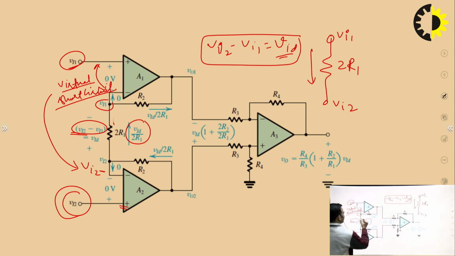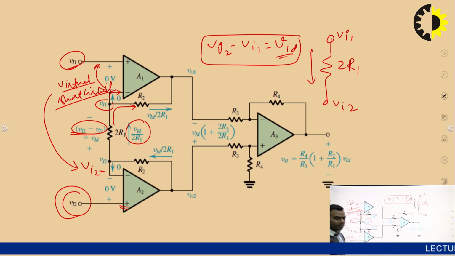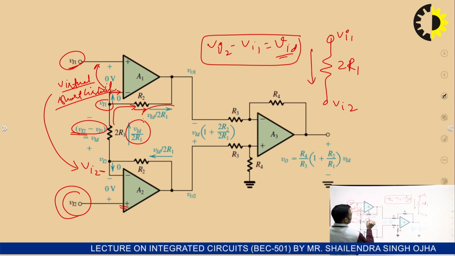Similarly, same current will flow here because no current will flow inside the operational amplifier due to high input impedance. So, current that is passing through R2 is also Vid upon 2R1.